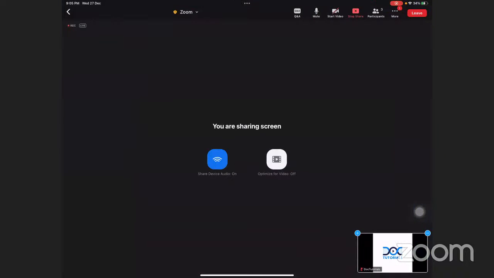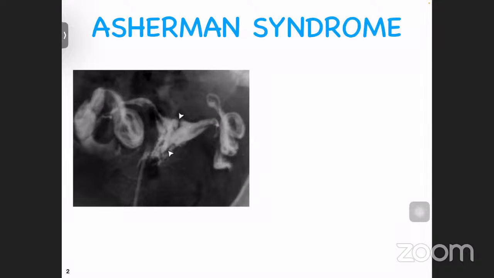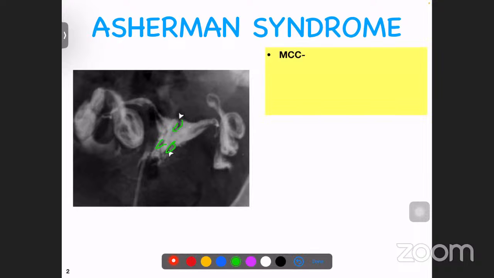The clinical features that can be associated include the patient can have hypomenorrhea and even amenorrhea. The most common risk factor is curettage, where we do a dilation and curettage, and the periods when this can happen include the postpartum period as well as the post-abortal period. These are the high risk times where the adhesions can happen.